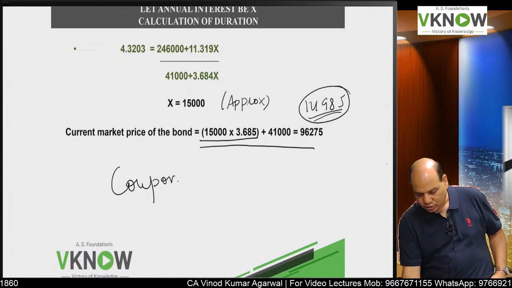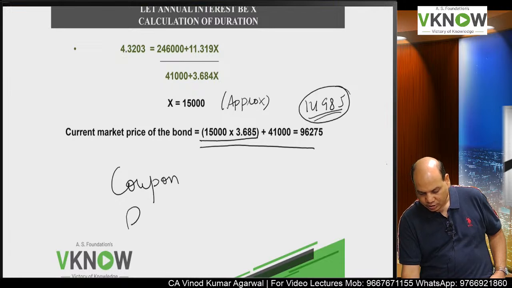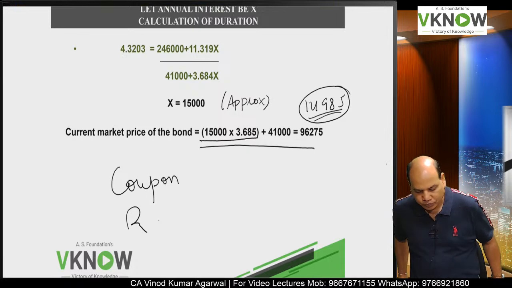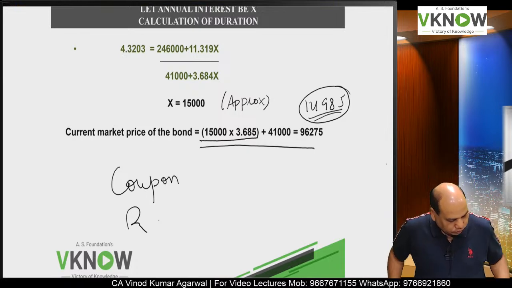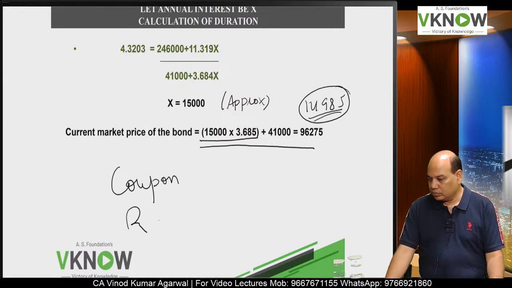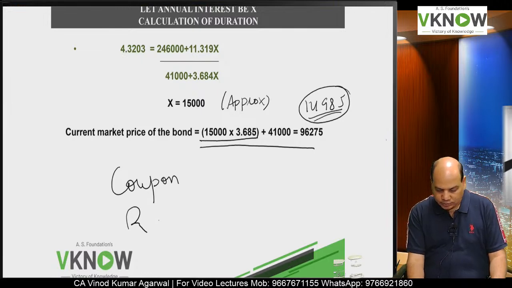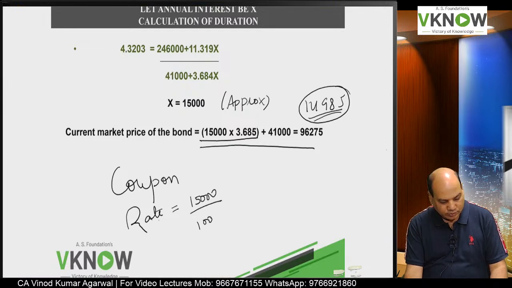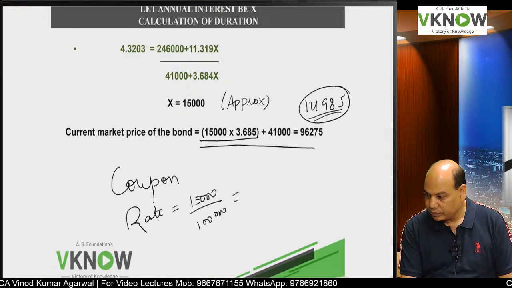If in your next exam they ask you what is the coupon rate, then you will say 15,000 divided by 1 lakh is 15%.